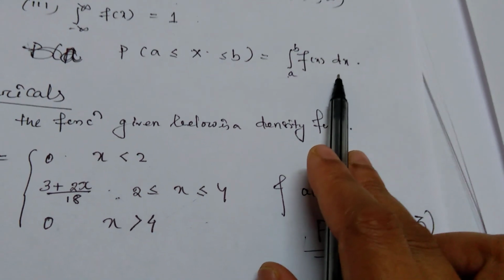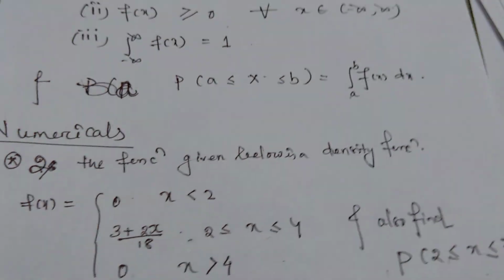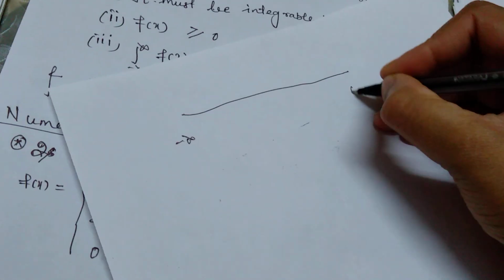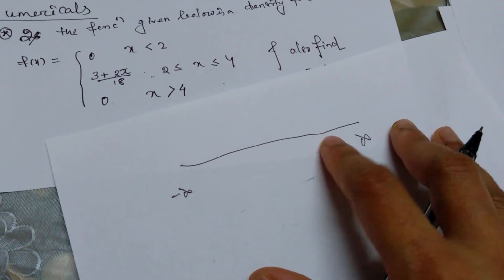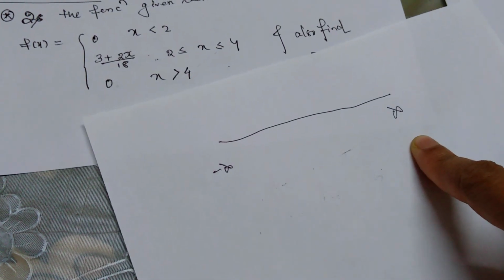Okay, so we will start solving it. Let us draw the number line. All of you know it's a number line. We have to check within the interval minus infinity to plus infinity, and in the given question the total interval is divided into three parts.